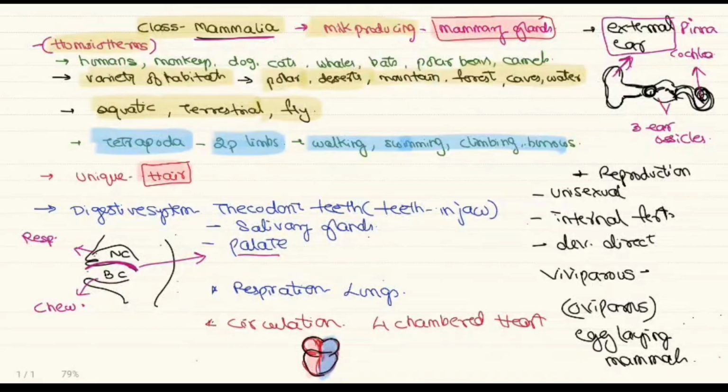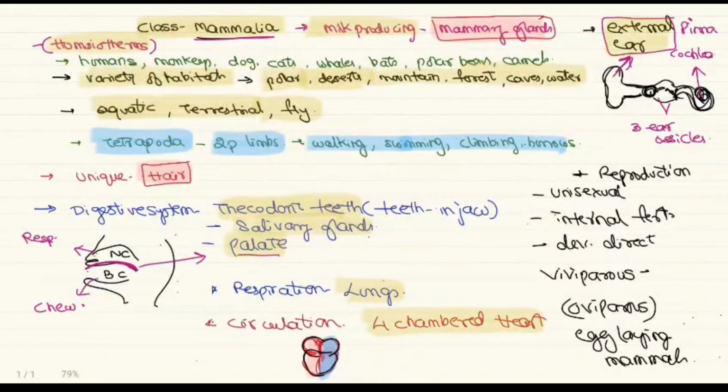The special property is the presence of mammary glands. The unique character is the presence of hair. The digestive system in these animals has thecodont teeth in sockets in the jaw. Salivary glands are present, and the separation between the nasal and the oral chamber is called a palate. Respiration is by lungs.